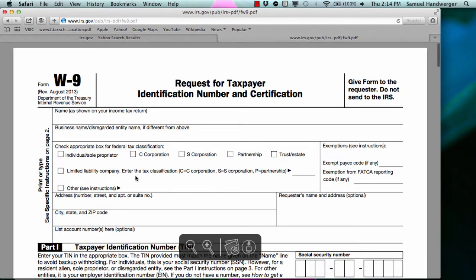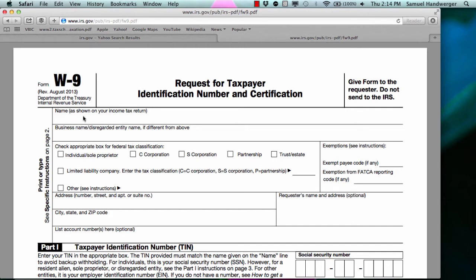So you use a W-9. It's a W-9 form that if you hire somebody who's going to be an independent contractor for real, or if you have a rental situation where you're renting from a landlord, or if you are a bank and you're going to be paying interest to somebody, you're going to give them a W-9.